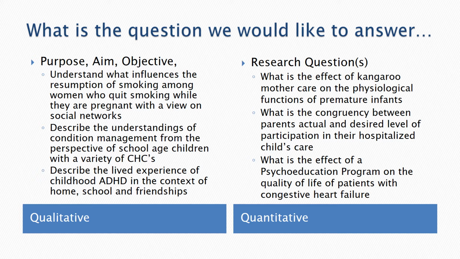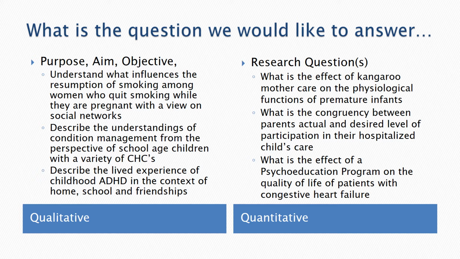And that was a qualitative study interviewing these women. Another study was done with children who had chronic health conditions, and the purpose of that study was to describe the understandings of condition management from the perspective of school-age children with a variety of chronic health conditions.